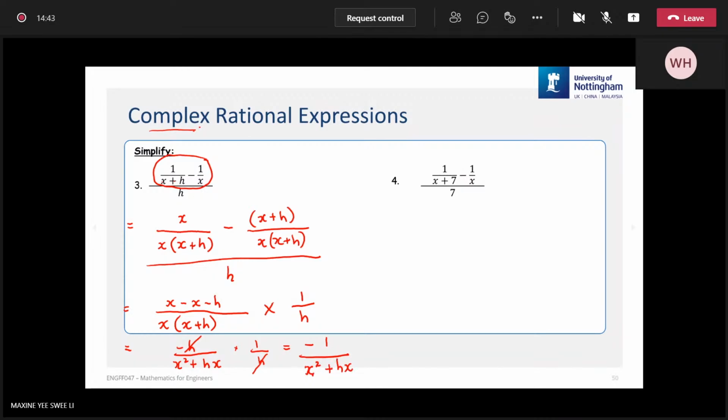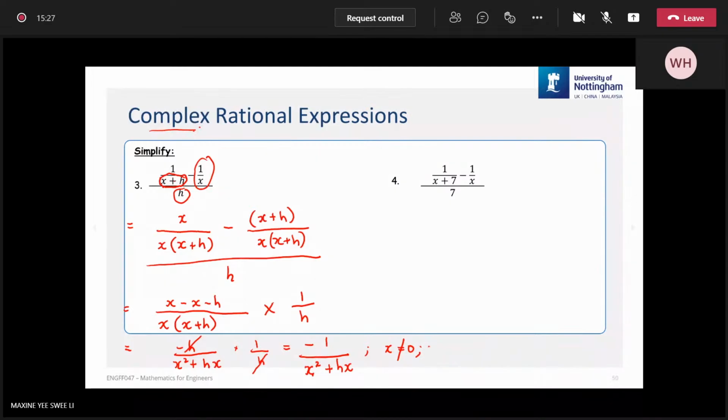Again, what are some values which we need to exclude from the set of real numbers that would invalidate this expression? So x cannot be, you look at here, x cannot be 0. Any more? Because now we have two variables here. We have x, we have h. So if you take a look at here, h cannot be equal to 0.